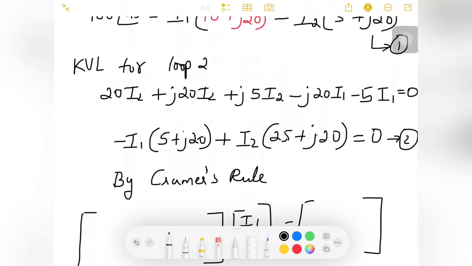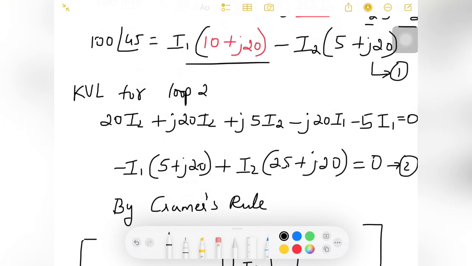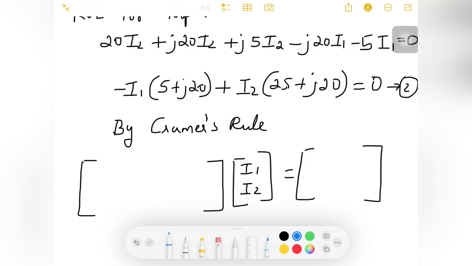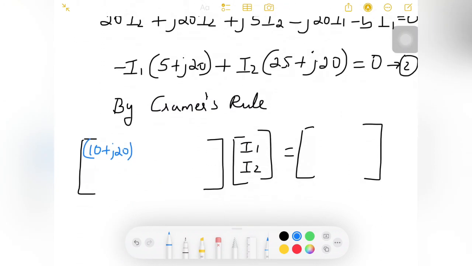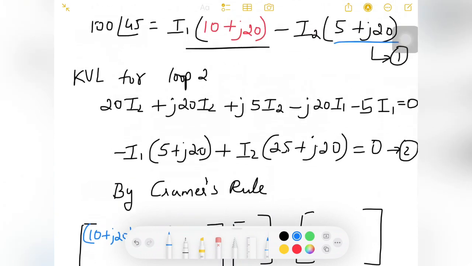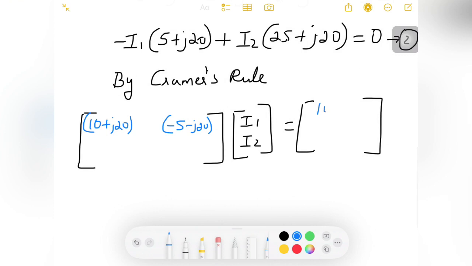In the first equation, the coefficient of I1 is 10 plus j 20, and the I2 coefficient is minus 5 minus j 20, and it is equal to 100 at angle 45.